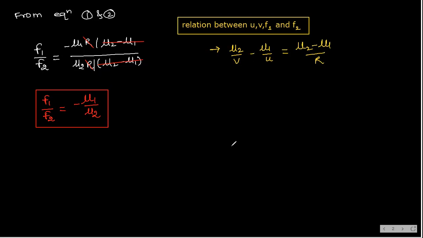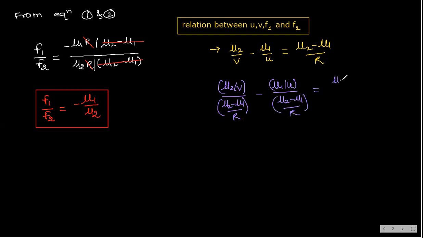Now, what I am doing is dividing on both sides by this factor. So listen carefully. Mu2 by v, divided by mu2 minus mu1 by r. Understanding what I did? I am dividing. Minus mu1 by u as it is, divided by this factor mu2 minus mu1 divided by r. This is equal to mu2 minus mu1 divided by r, divided by mu2 minus mu1 divided by r.